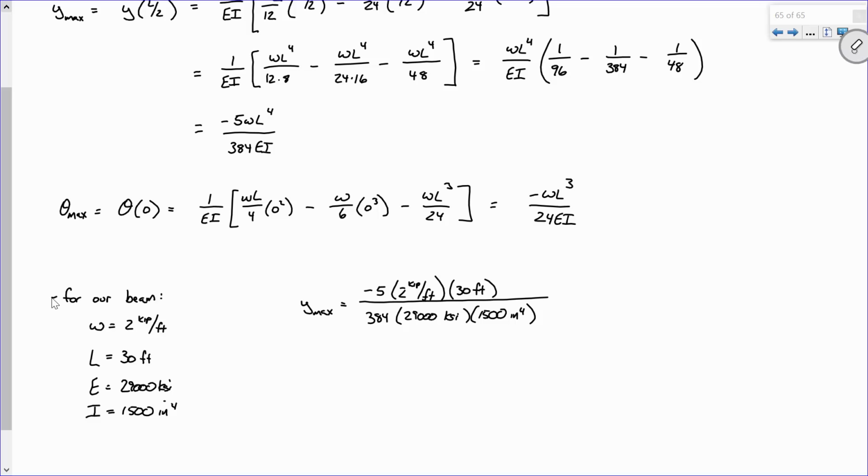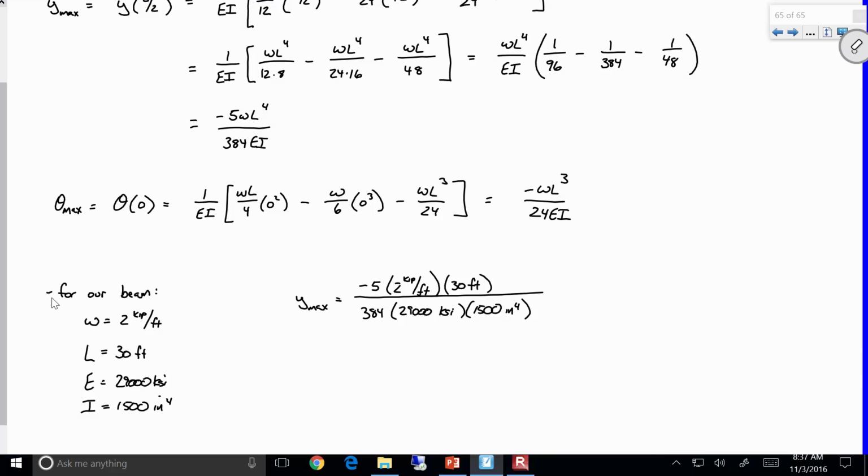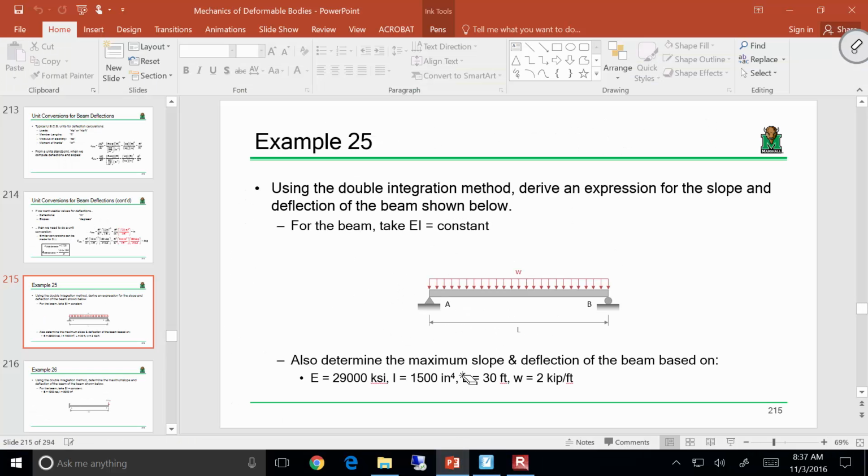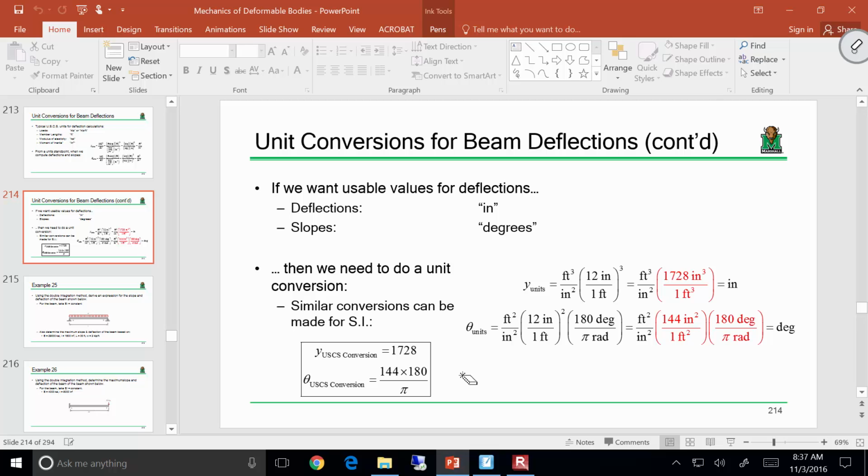Looks to me like we got a bunch of feet on the top and inches on the bottom, and the units on the top are in feet. But we already handled that, didn't we? I thought we derived a nice, pretty unit conversion for us. Remember that? Our unit conversion for deflection was 1728.